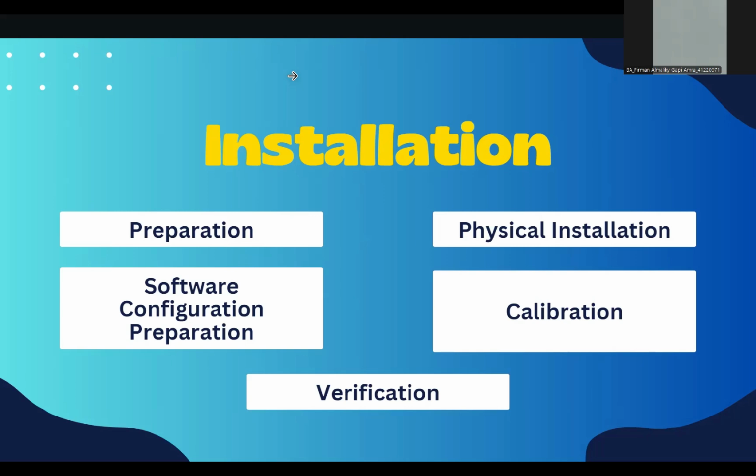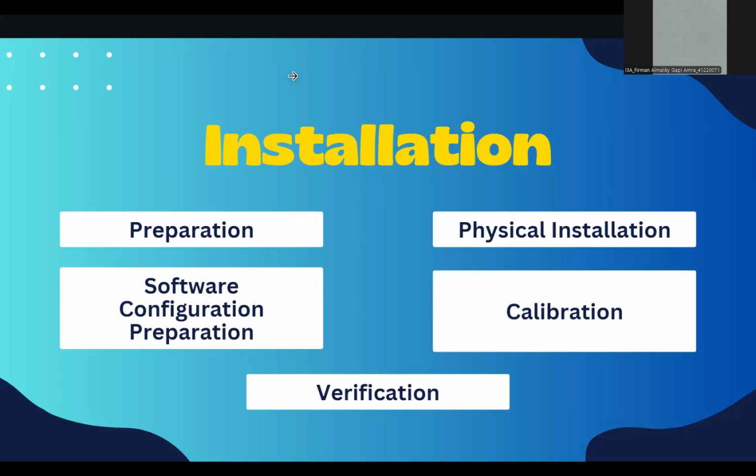It's essential to ensure the installation site meets all requirements, including power supply, ventilation, and space consideration. The physical installation, this step involves the actual placement and mounting of the analyzer. It's crucial to follow the manufacturer guidelines for proper positioning, ensuring stability and accessibility for future maintenance.